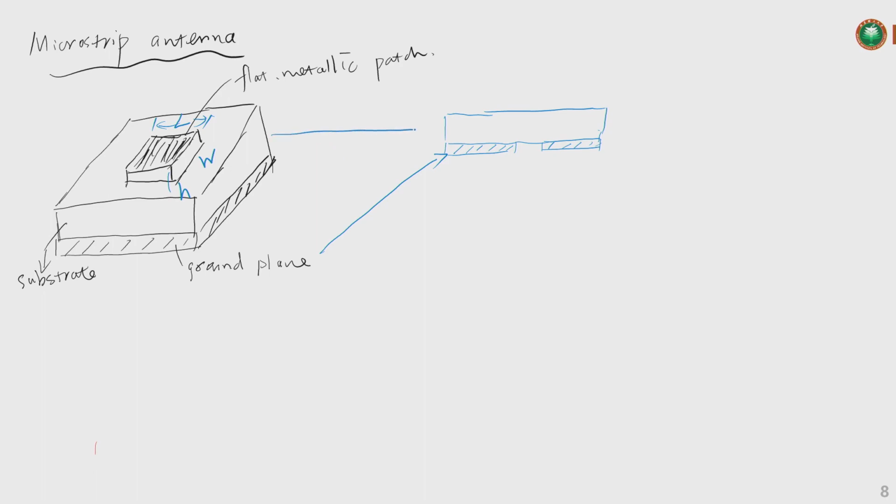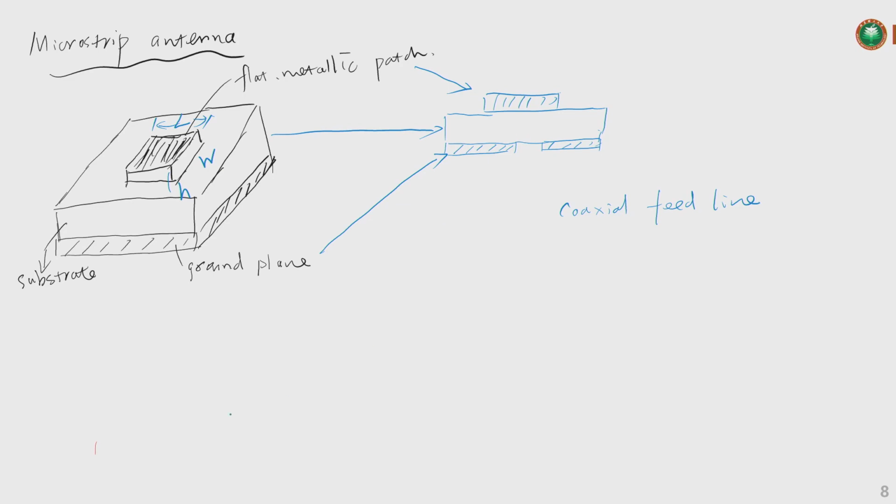So this is the substrate, and under the substrate is the metallic patch, right? The metallic patch, and usually there is a coaxial feed line. How is it going to work?